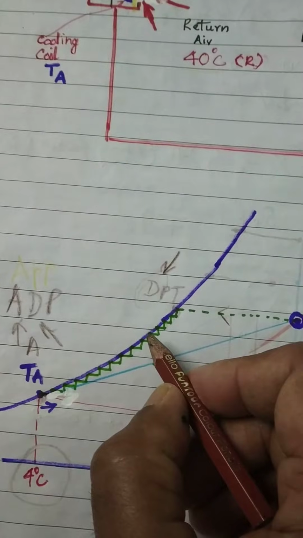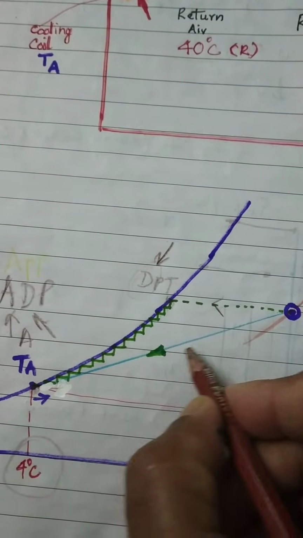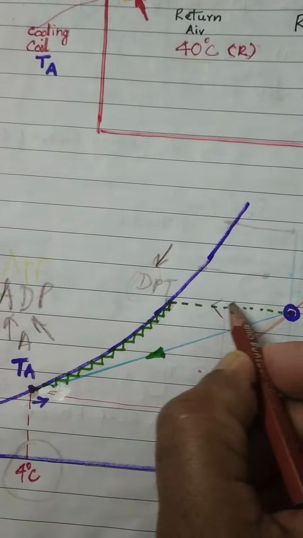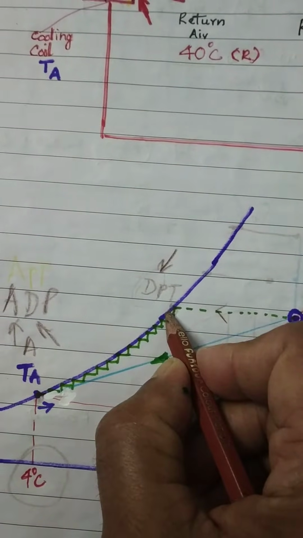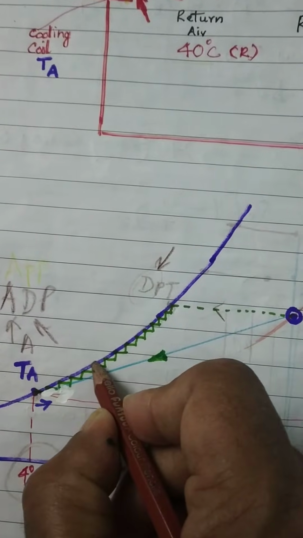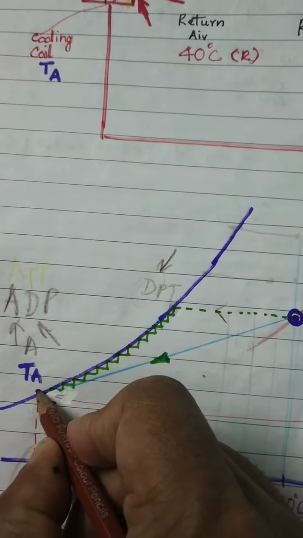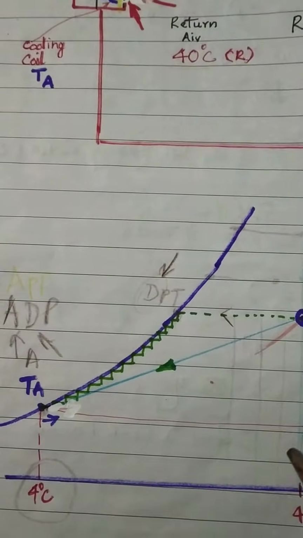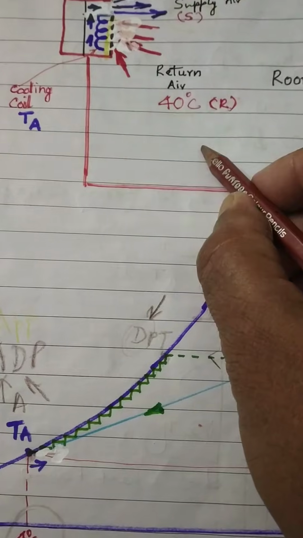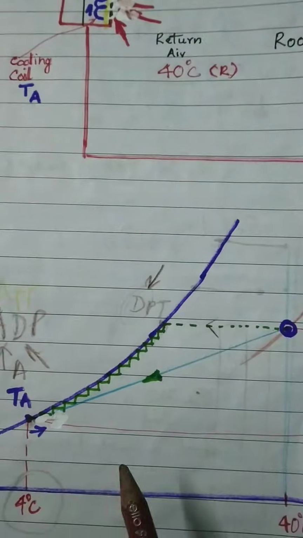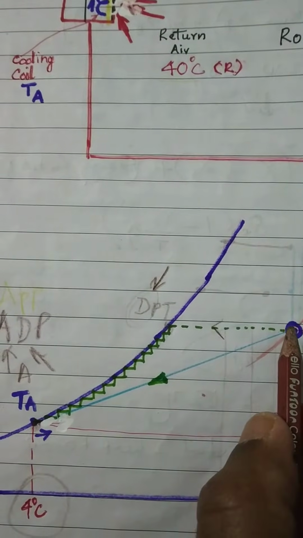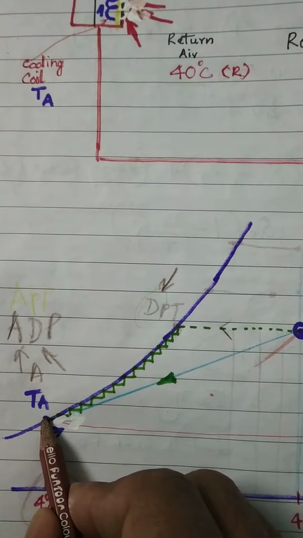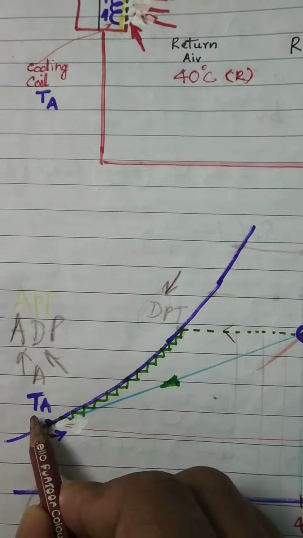These points here are the condition of the air which is changing from R. So R is changing up to here and then gradually following this line and trying to come to this particular point, which is the coil temperature, the apparatus dew point. So the room air can go on changing its condition from R to condition A. So this is A.